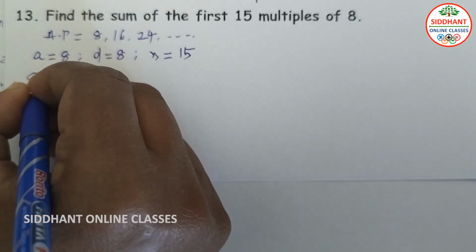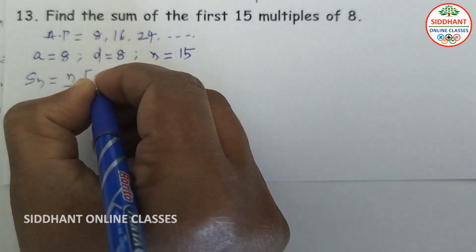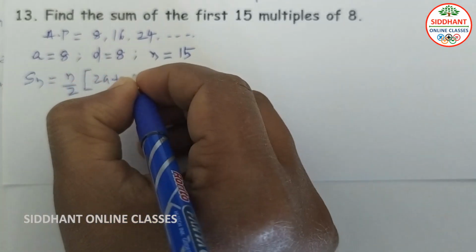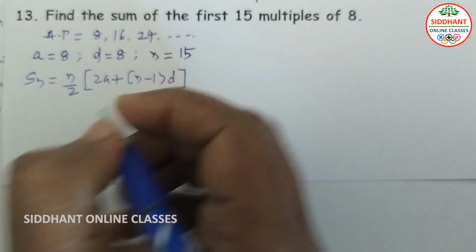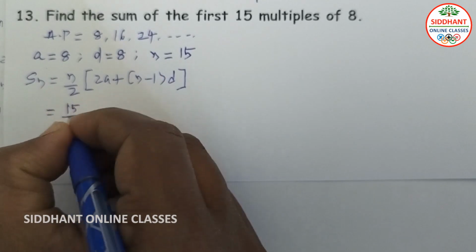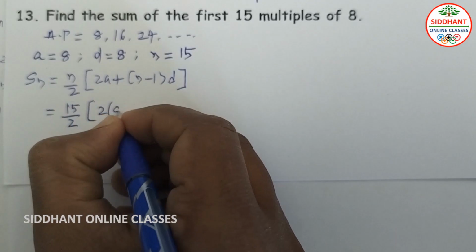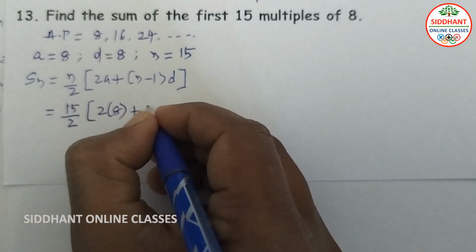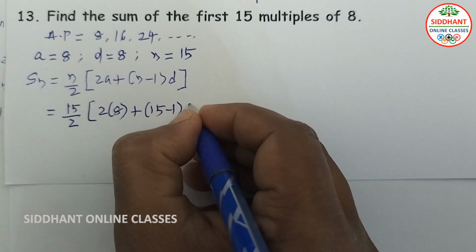So we are going to find out the sum. That means Sn equal to n by 2 into 2a plus n minus 1 d. So that equal to 15 by 2, here 2 into 8 plus 15 minus 1, d is 8.